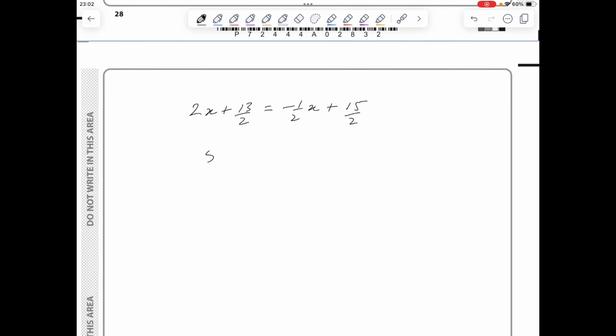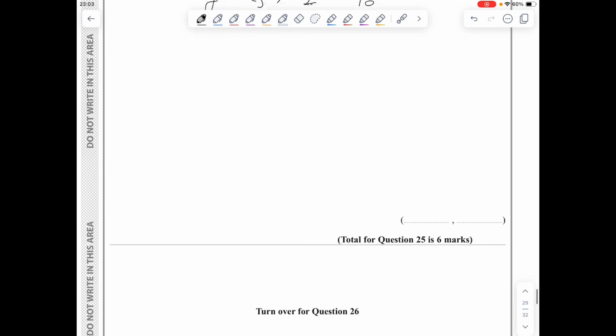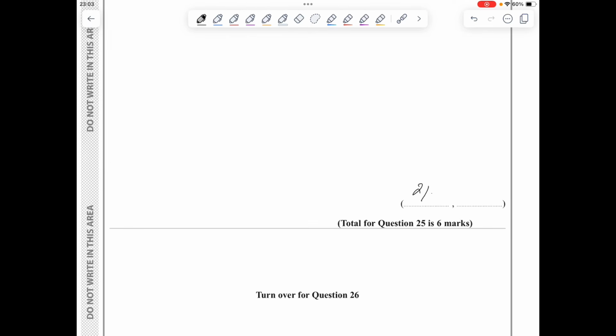So I'll get 5 over 2 x equals 1. So x is equal to 2 over 5. Substitute this into any of those equations. 2 times 2 over 5 plus 13 over 2 will give me 73 over 10. And these are the coordinates: 2 over 5, 73 over 10.